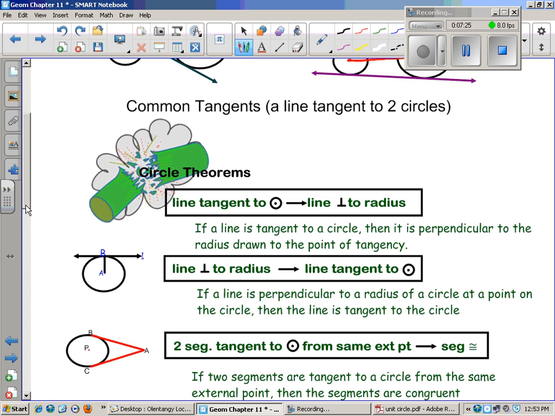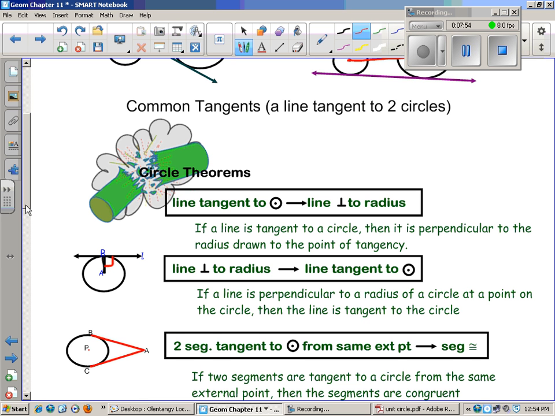So that means if I've got a tangent line and I draw a radius to the point of tangency, those two lines will be perpendicular. And the inverse is also true. If I have two perpendicular lines like this, then the line on the outside is perpendicular to the radius.